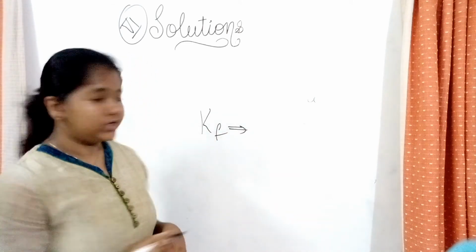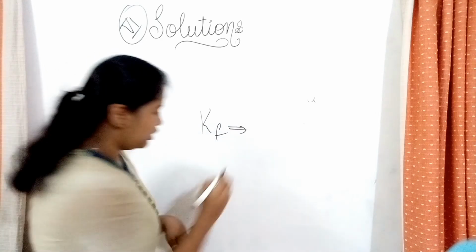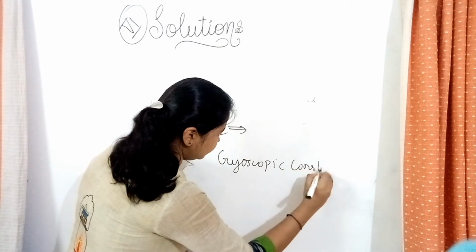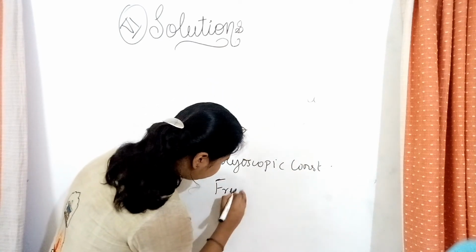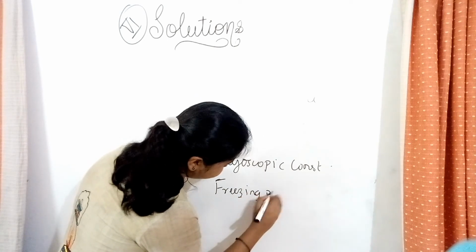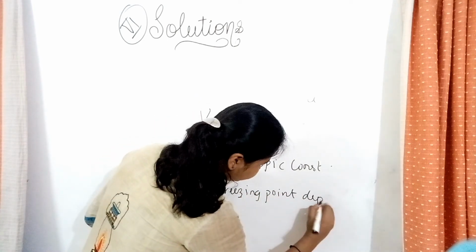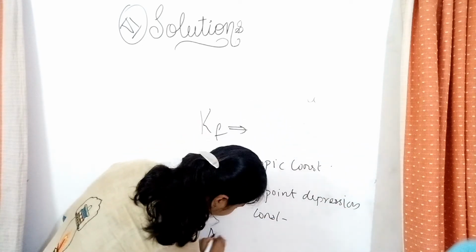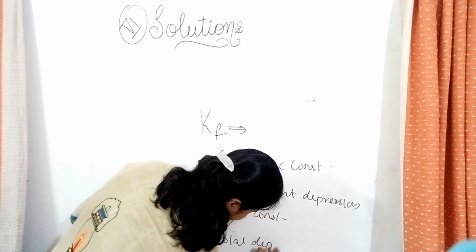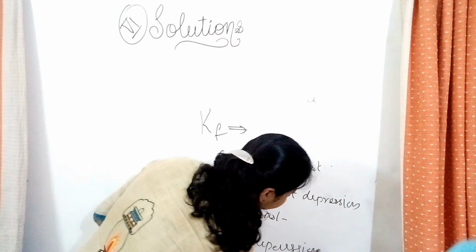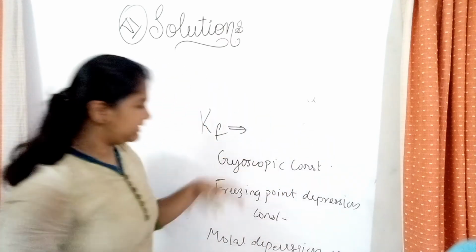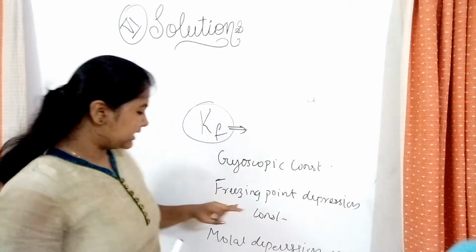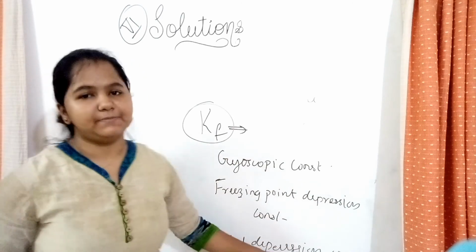It is called by three different names: cryoscopic constant, freezing point depression constant, and molar depression constant. These are the three names for Kf.